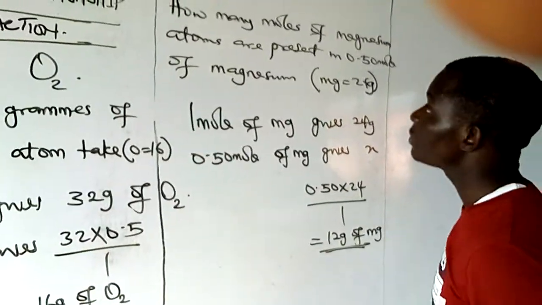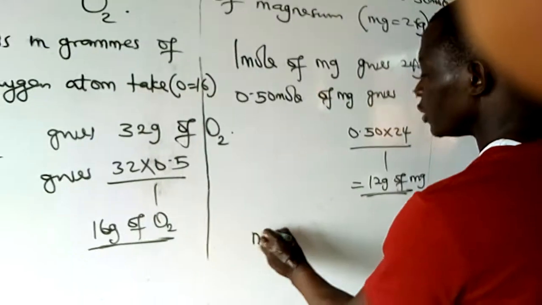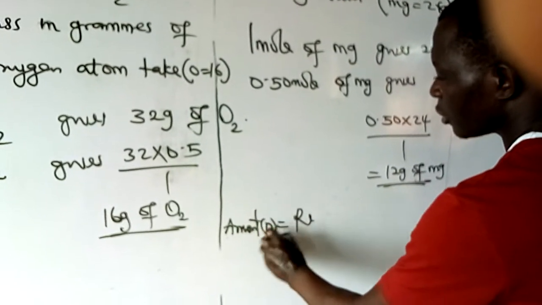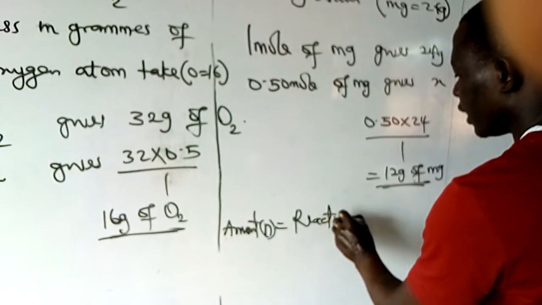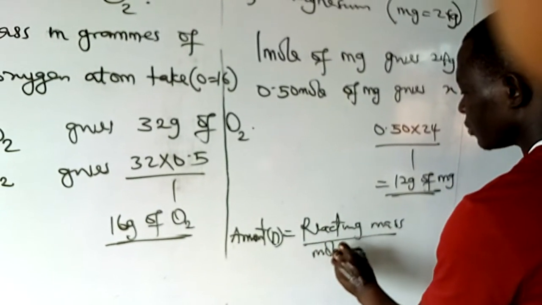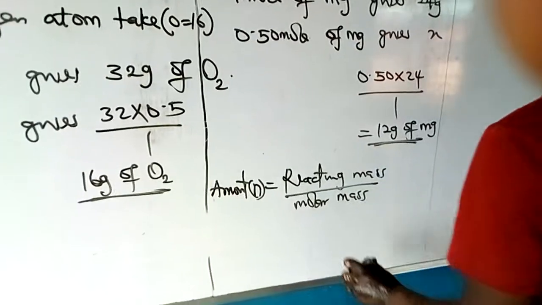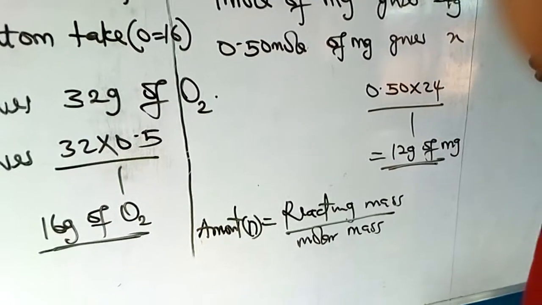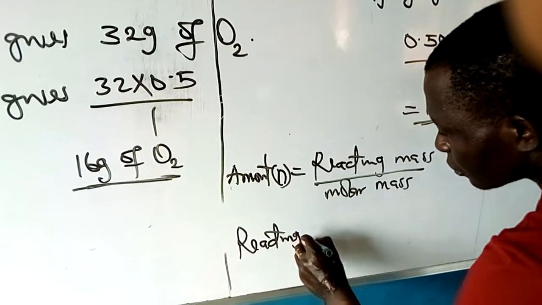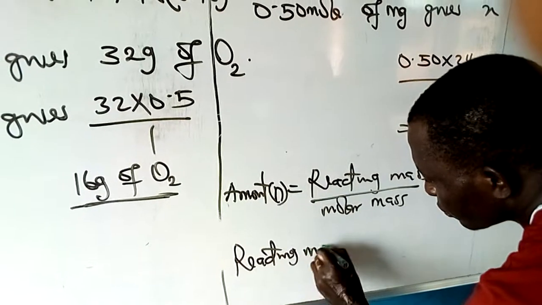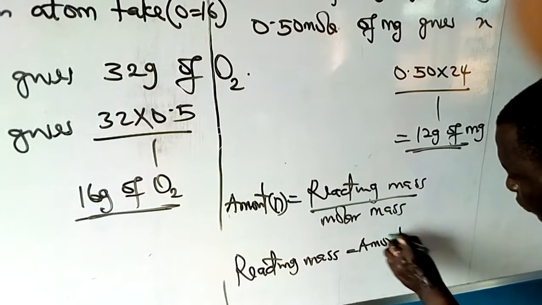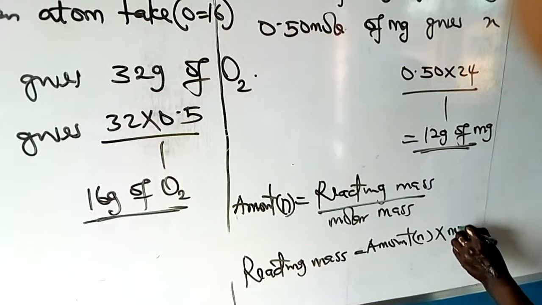And if you want to use an alternative method, you can use number of mole. Number of mole equals reacting mass over molar mass, and the reacting mass is what we are looking for. So now that means reacting mass equals amount in mole times molar mass.